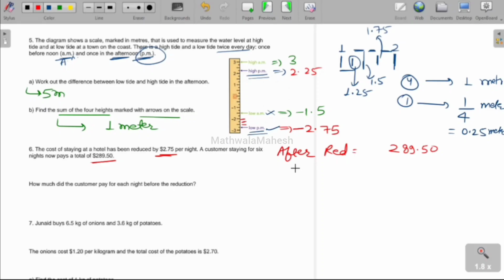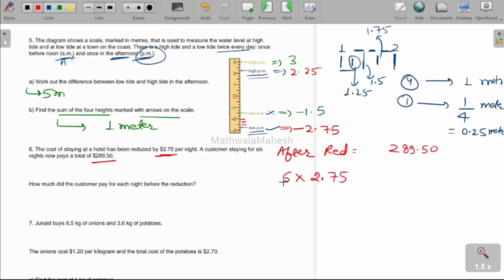And the reduction is 2.75 per night. So the total cost of reduction is 6 into 2.75, because each night the cost is reduced by 2.75.